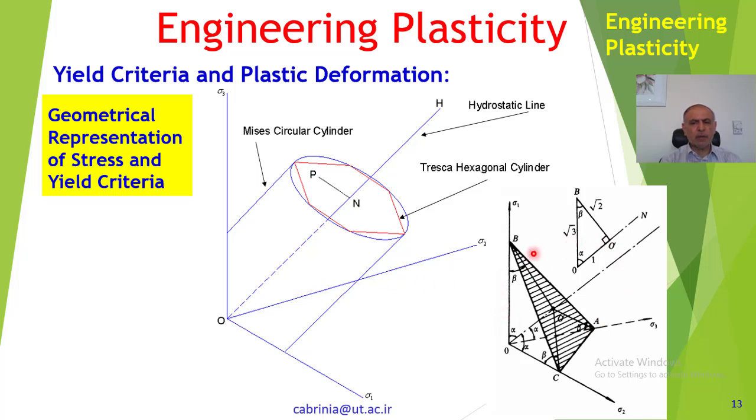Now this image, which I have chosen from the previous chapter, the stress analysis chapter, again shows sigma 1, sigma 2, and sigma 3. This triangle ABC makes equal angles to the three axes, and this line which goes through the center of the triangle makes equal angles alpha to all three axes.